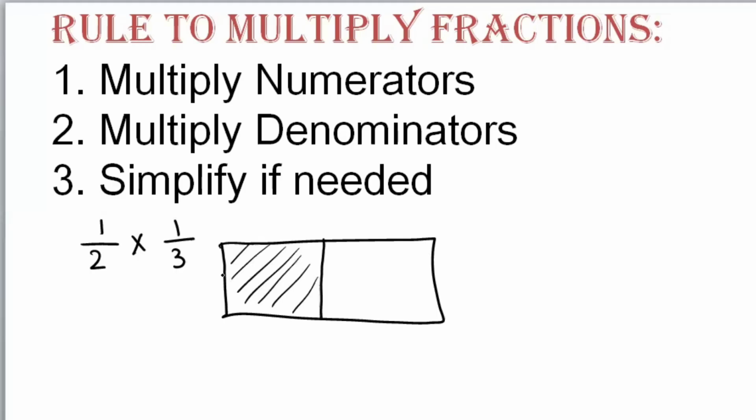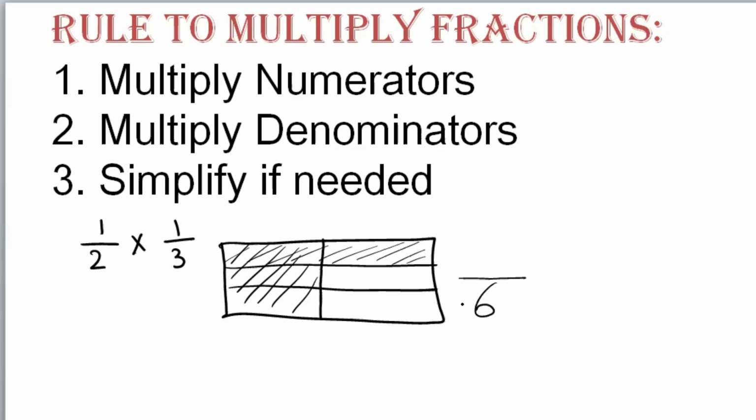Then for the one third, we have to divide this into three equal parts, 1, 2, 3. And out of three equal parts, how many parts should be shaded? One part. Now, how many total parts does it become? 1, 2, 3, 4, 5, 6. It means now it has 6 total parts.